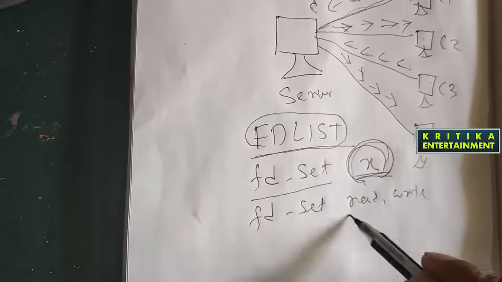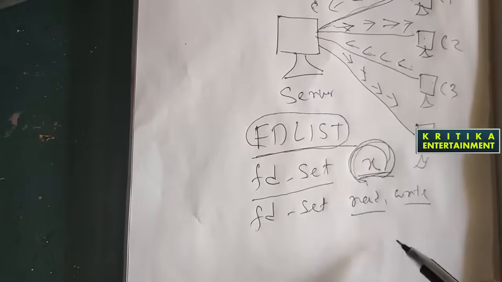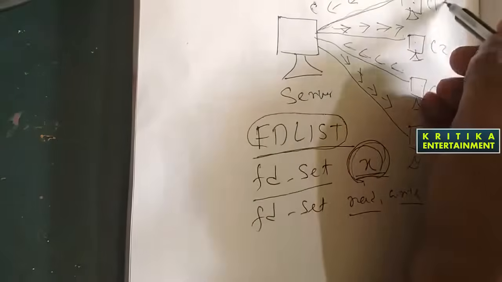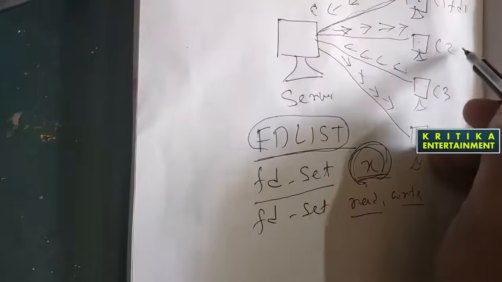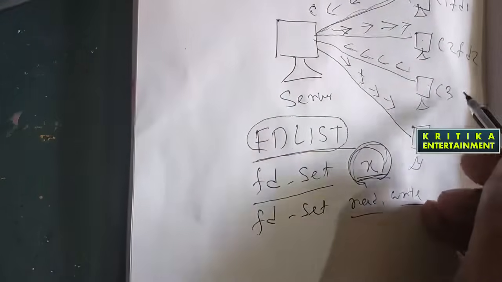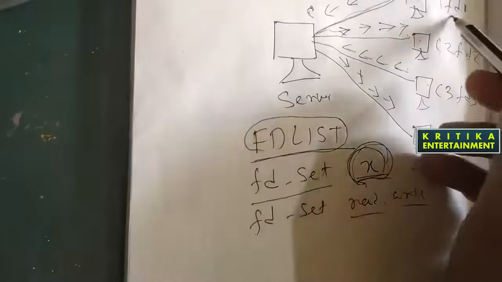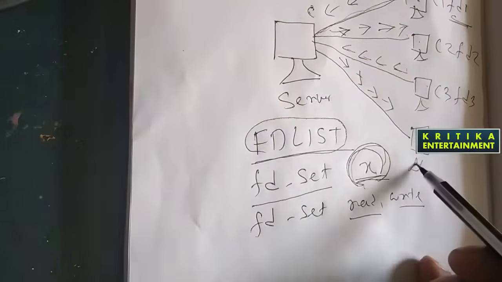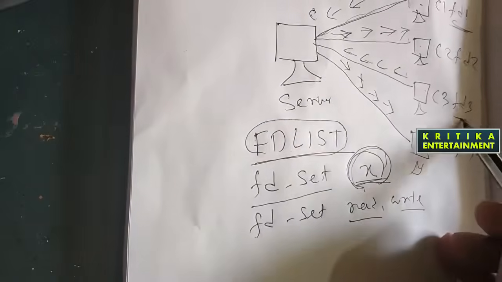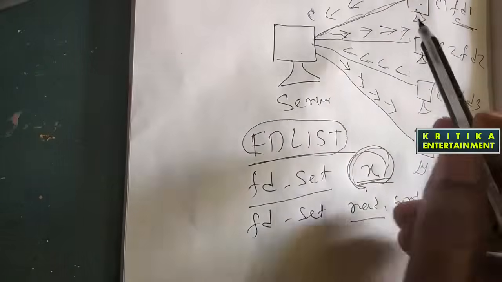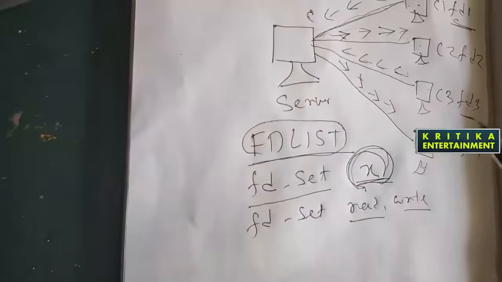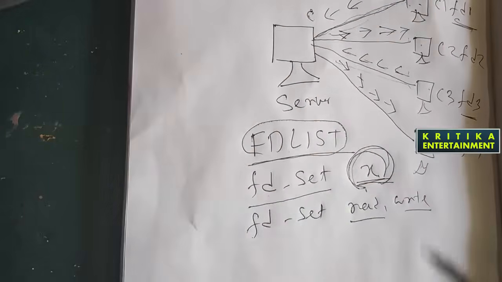That means I have defined two FD sets. Suppose these FDs are named FD1, FD2, FD3, FD4. Then FD1 and FD3 are both used to read the data from client 1 and client 2.